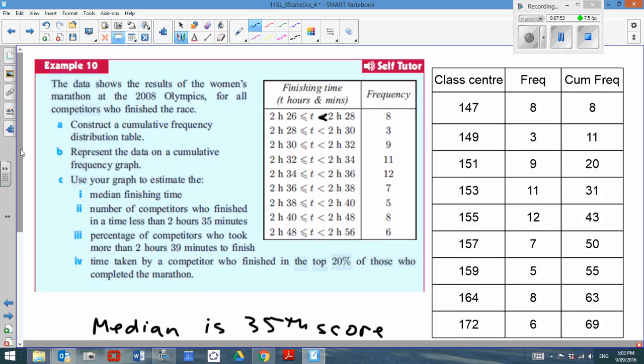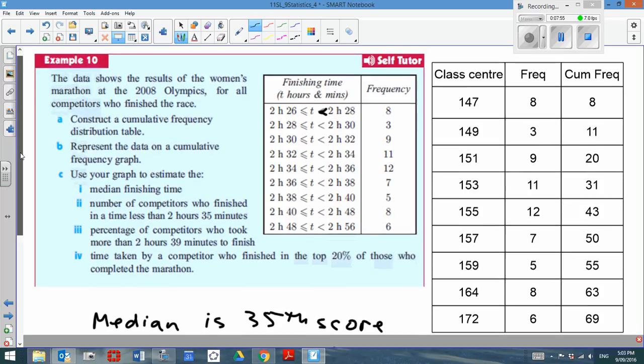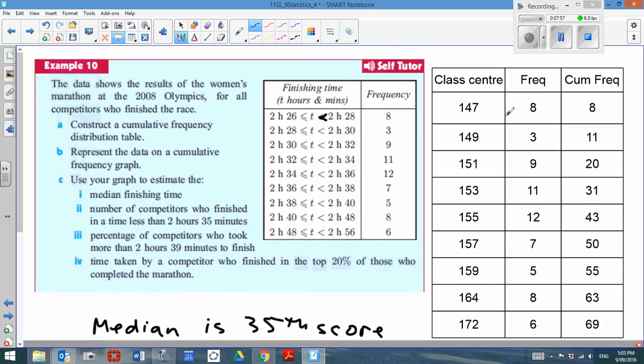So our first job is to construct a cumulative frequency distribution table. Anytime that we are constructing a table and we have intervals given to us, we want to find the class center, correspond that with the frequency, and then also find the cumulative frequency. Anytime we have a cumulative frequency table, we need a cumulative frequency column, and that last number should tell us exactly how many total data values we have.